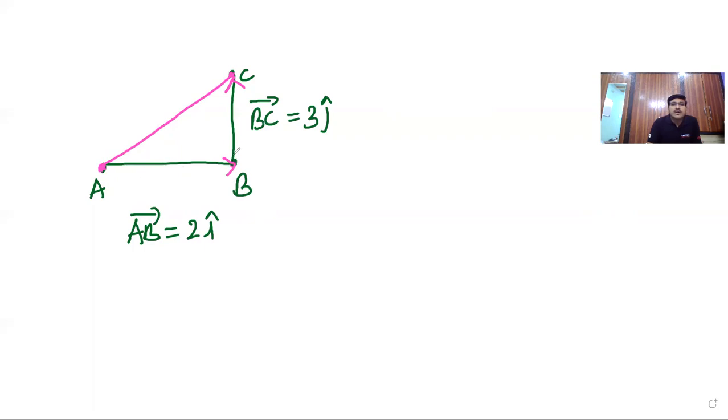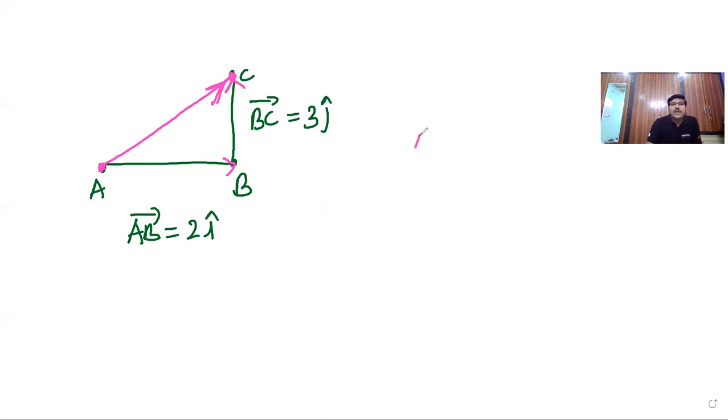Again, BC bar, tail to head. Then, by making use of triangle law, the resultant is the summation: the tail of the first vector to the head of the last vector. Join this. This is the displacement. Direction is from A to C.